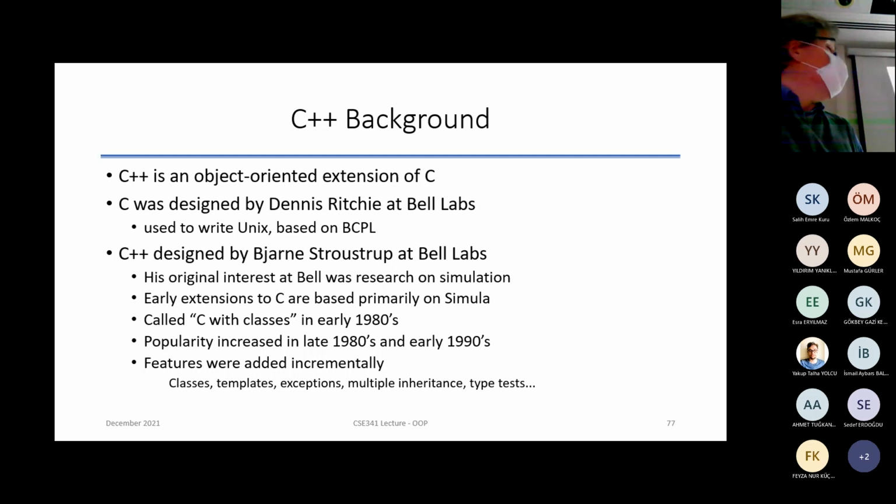And you can see some interesting things here. If you recall, C was actually designed to write an operating system, Unix specifically. And it was based on something called BCPL. We saw that Smalltalk had a very similar motivation.